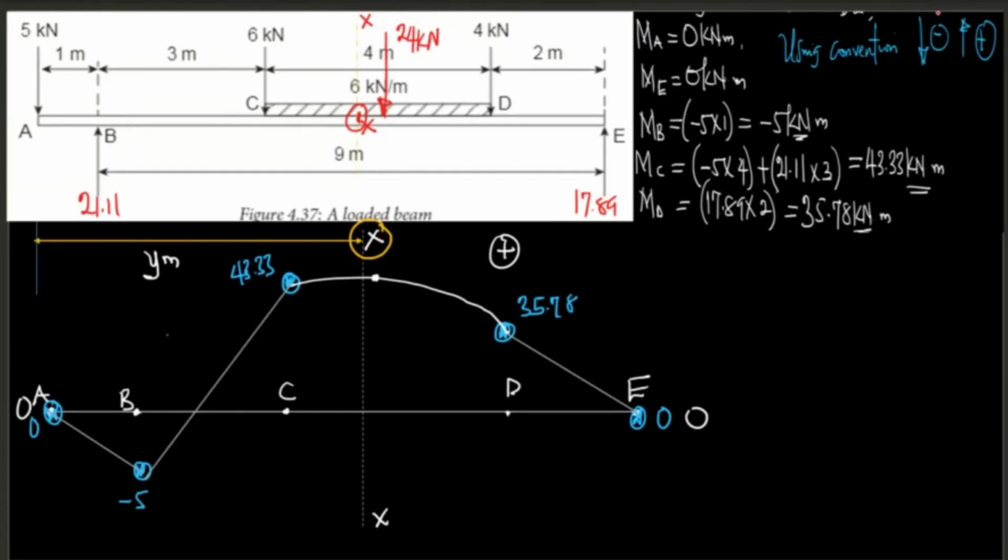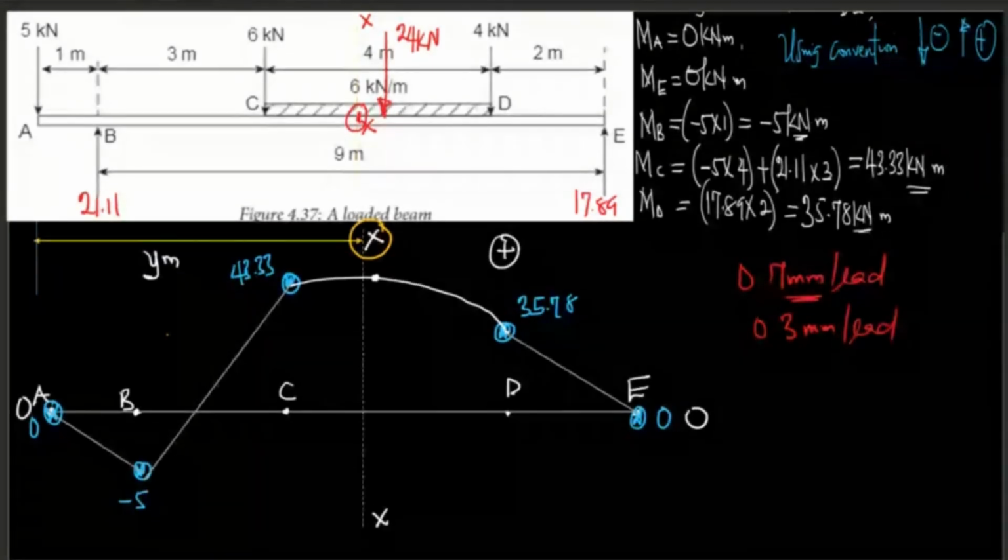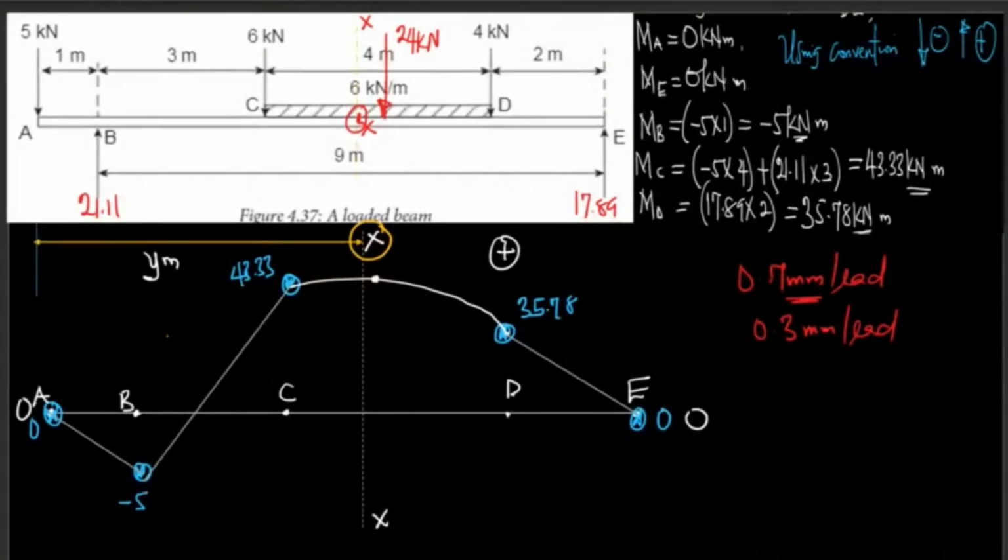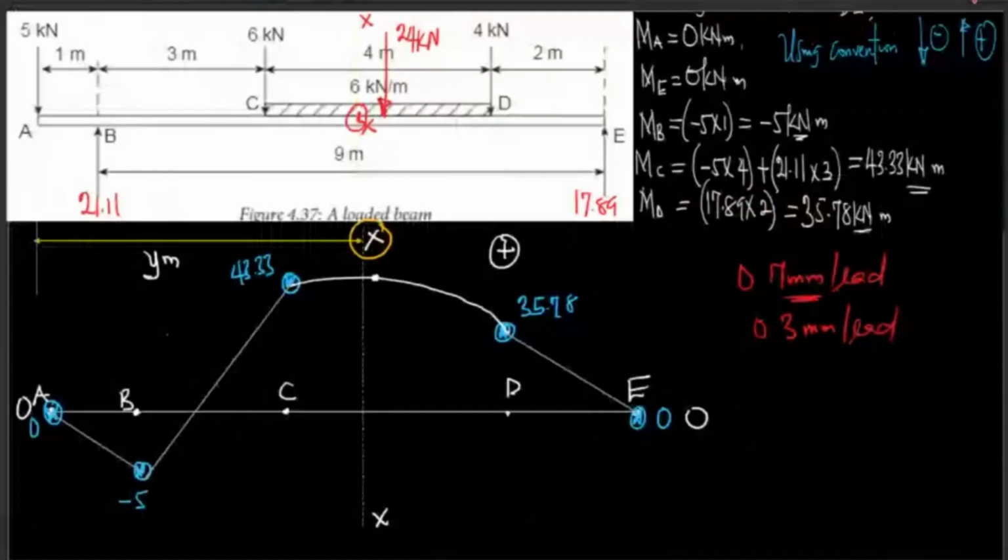So you can use 0.3 for your construction lines like the origin, and then for the actual diagrams, the shear force and the bending moment, you can use 0.7 millimeter lead. With the origin, you can use 0.3 millimeter lead pencil. Do you understand? So that one is faint, and the other one is thicker.